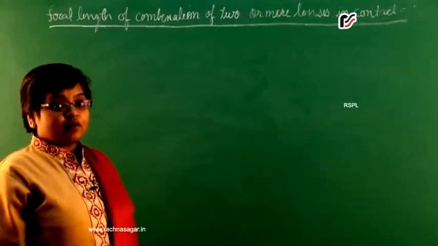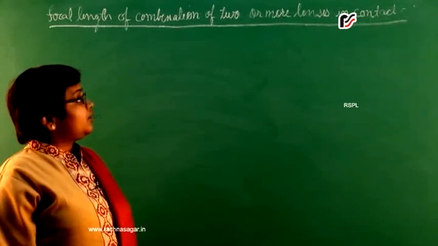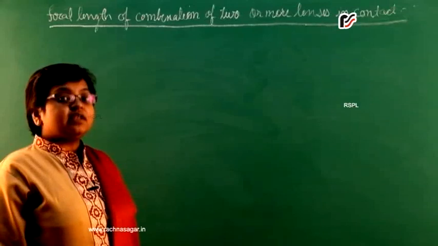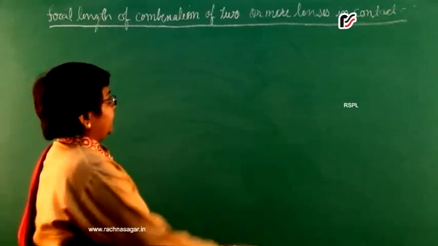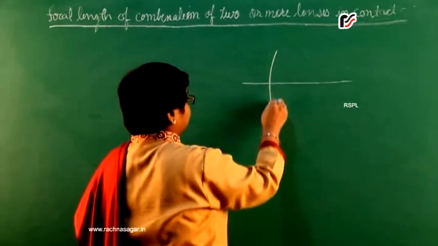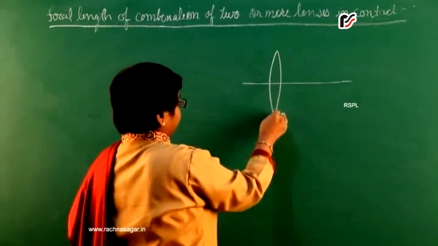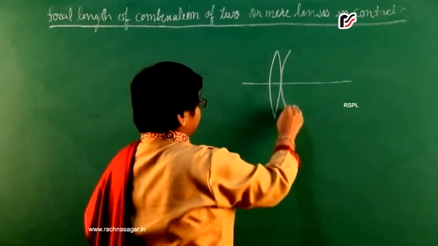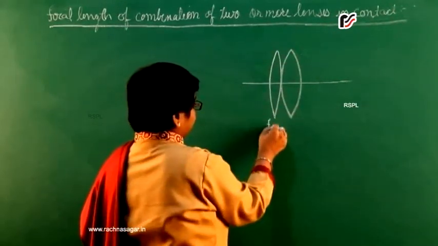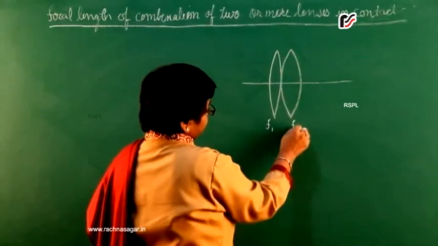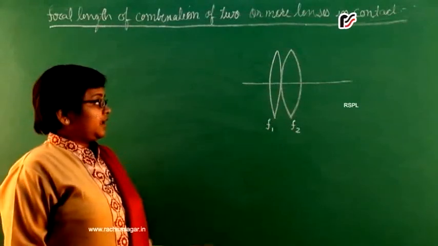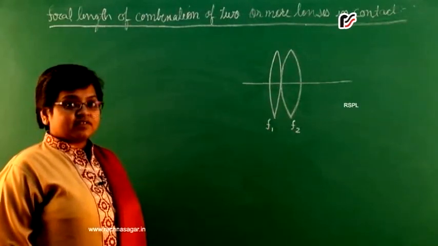Now find out the focal length of a combination of two or more lenses which are placed in contact with each other. There are two lenses. Here we show only two convex lenses.